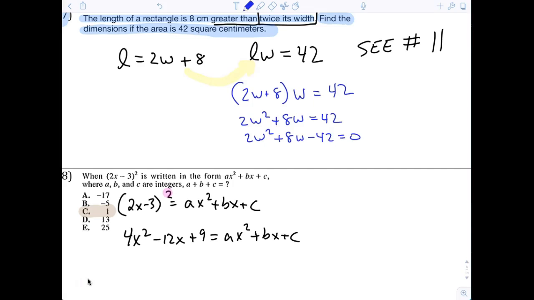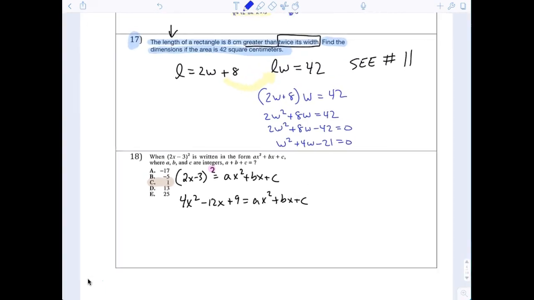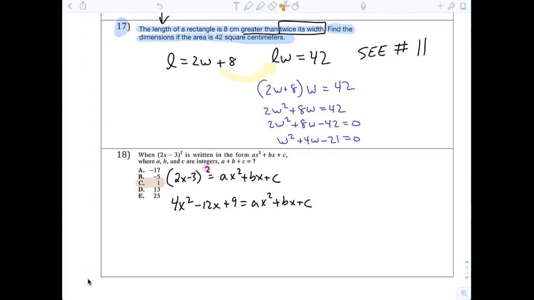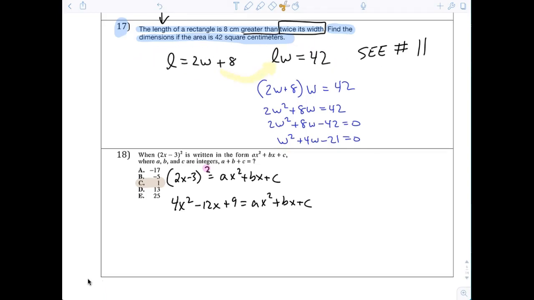And now I can do what? Divide by 2. When I divide by 2, w squared plus 4w minus 21 equals 0. Agreed? Now remember, this is what I'm trying to show some of you guys. I'm just taking this right here, moving it down, shrinking it down a little bit so I can get myself organized here.